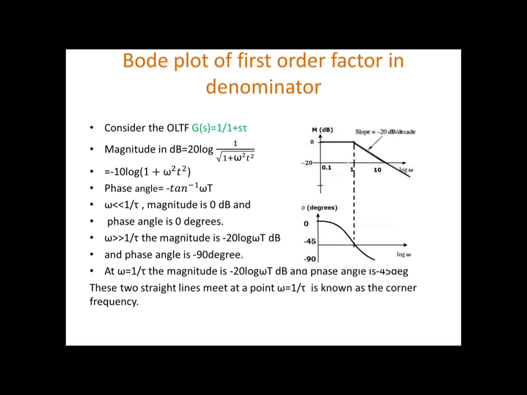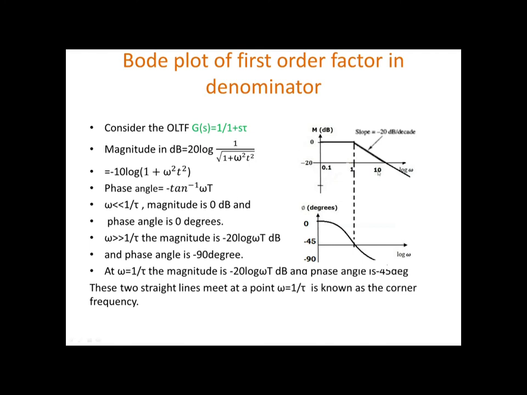And when omega t is equal to 0.1, if we put 0.1 over here, then the magnitude becomes 0 dB because it becomes minus 20 log of 1. So this is the first case.